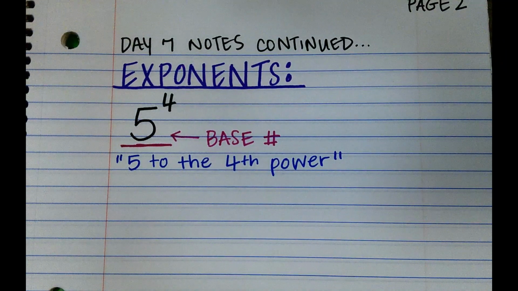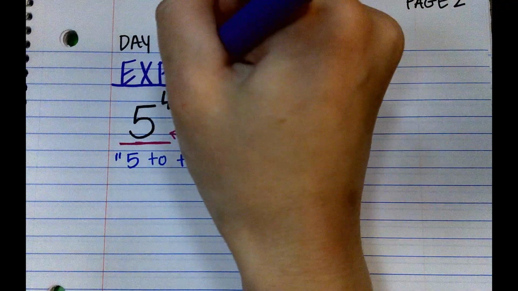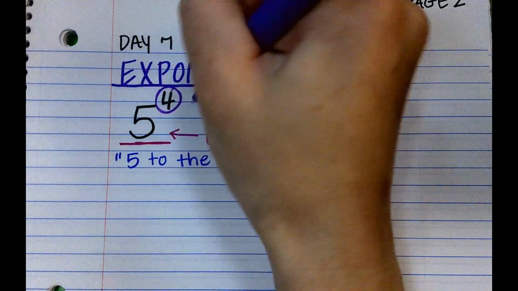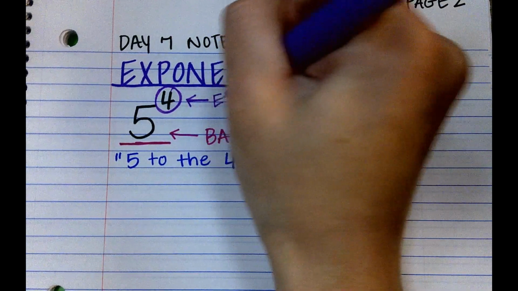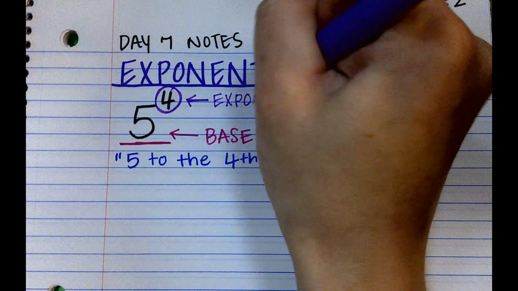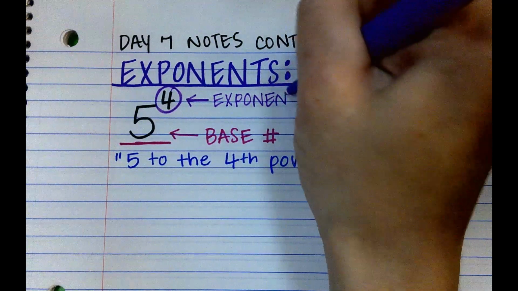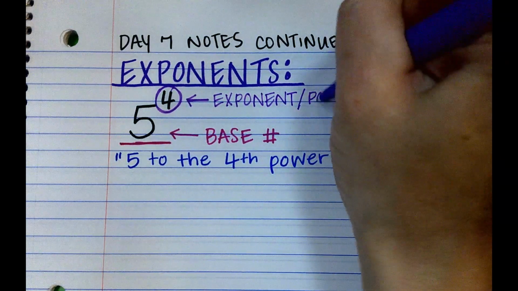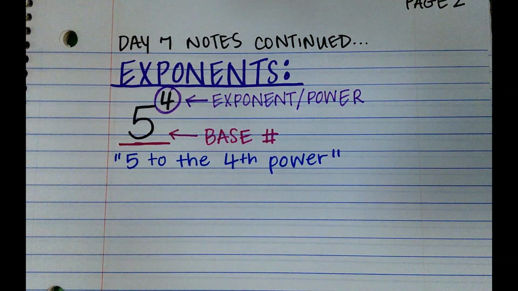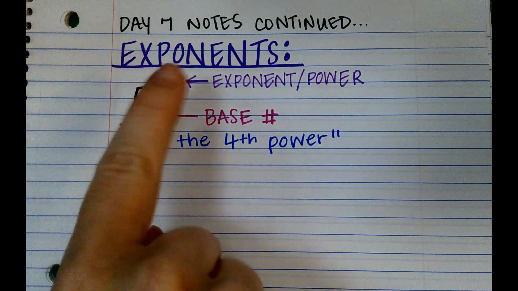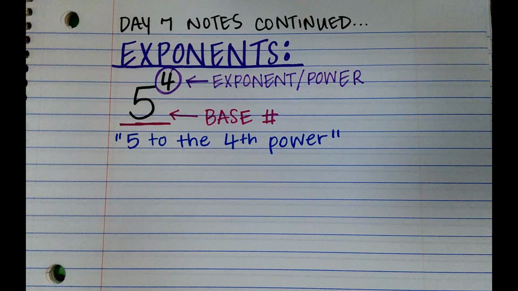So we have a base number and we have an exponent or power of 4. Exponents are repeated multiplication.